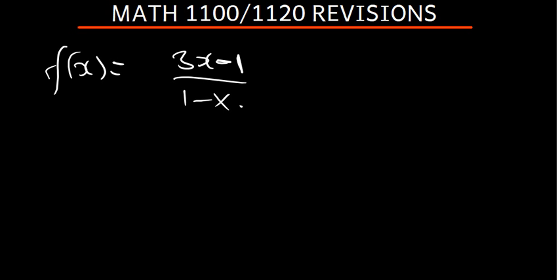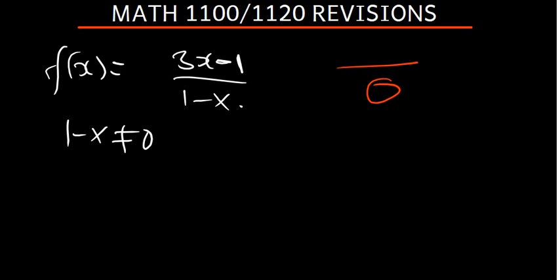So the issue here, guys, is this. We don't want to have the situation where we're going to have 0 on the denominator. Once you have been given the fraction, they want you to find the domain. What you have to do is get the denominator and set it not equal to 0. So 1 minus x has to be not equal to 0. So for x, that is the domain.